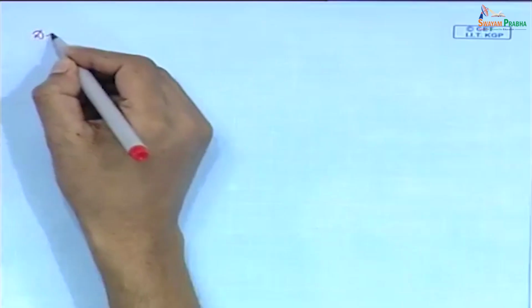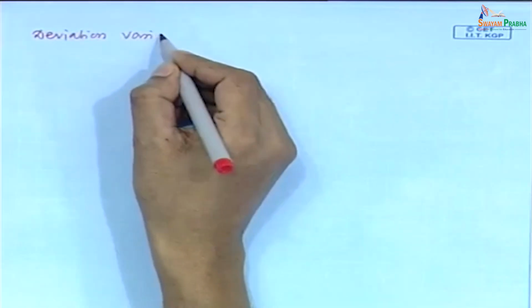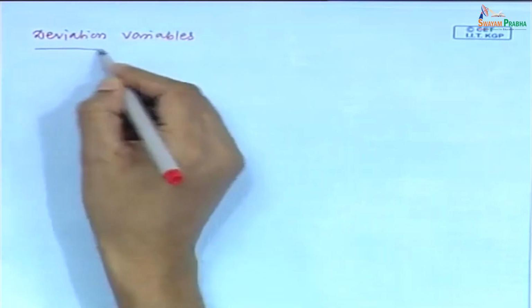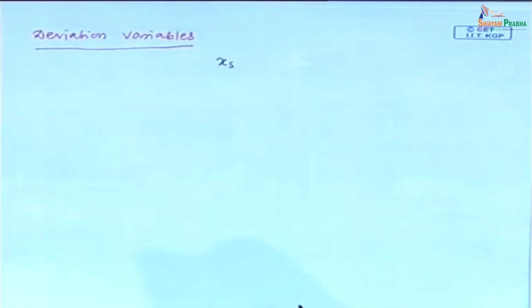Now, we will try to represent the model in terms of deviation variables. How can we do that? At steady state, x is represented by xs.